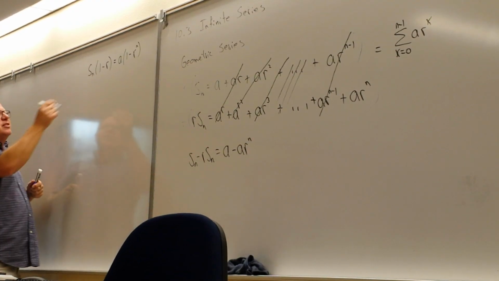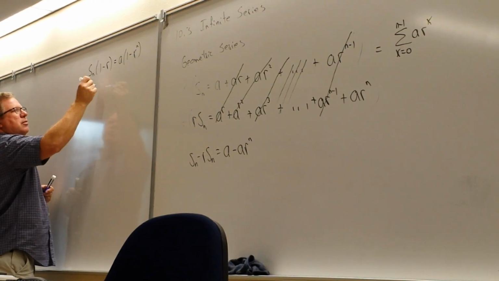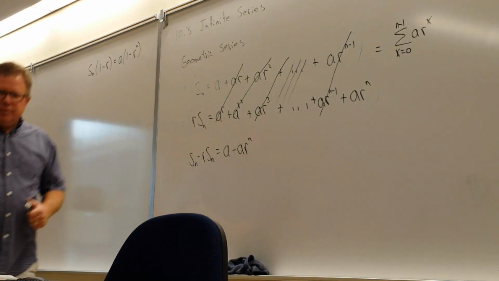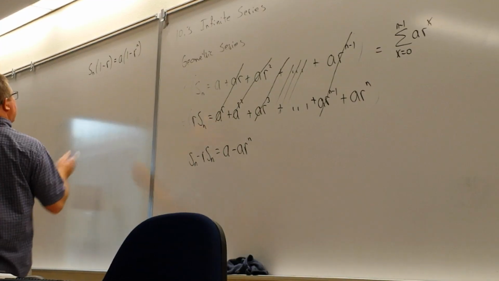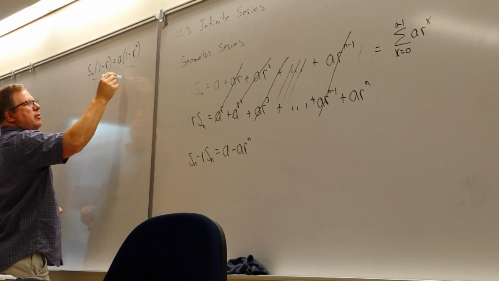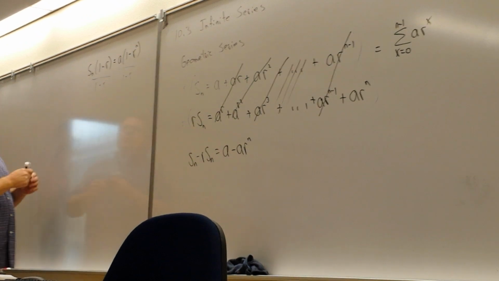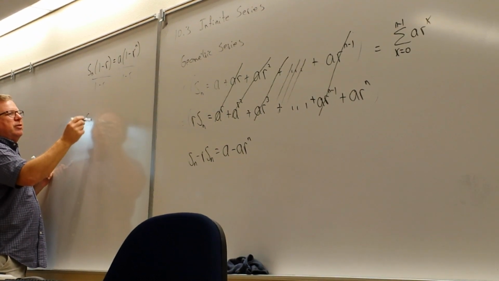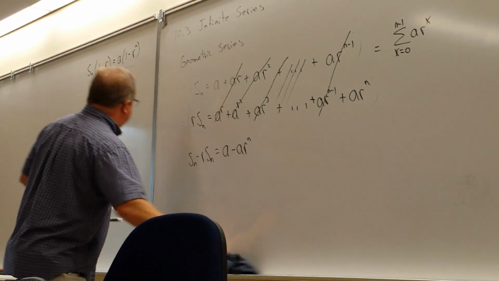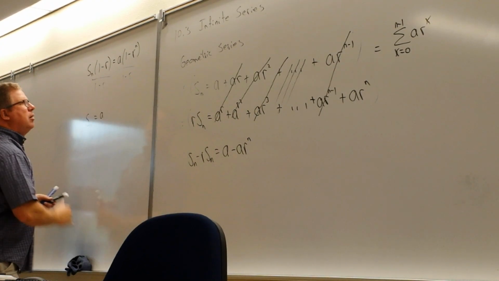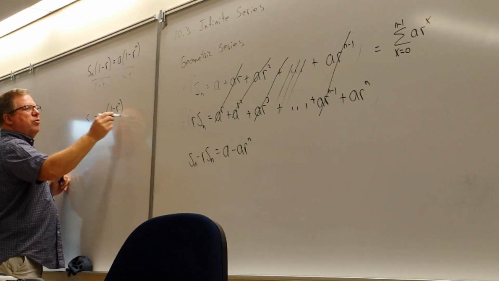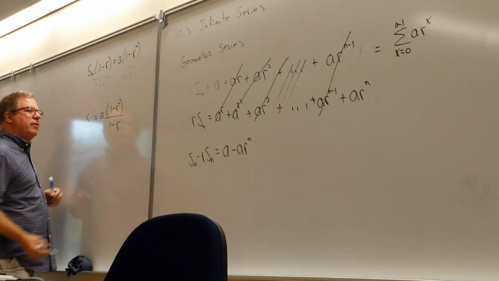So we're going to divide each side by 1 minus r, and we have s sub n equals a times 1 minus r to the n over 1 minus r.